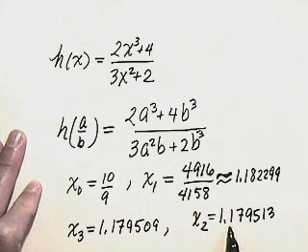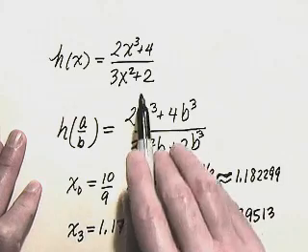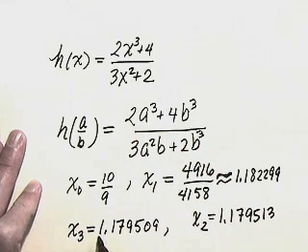Notice to 5 decimal places, we're getting 1.17951. When we do this again, putting x2 into h of x, you find h of x is 1.179509, which still rounds off to 1.17951, to 5 decimal places.